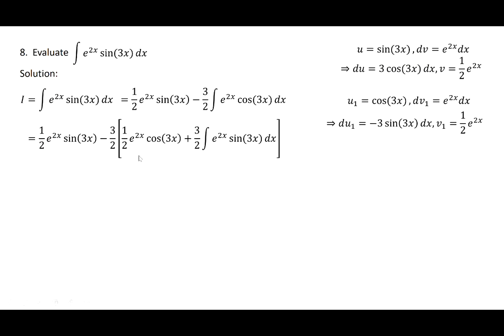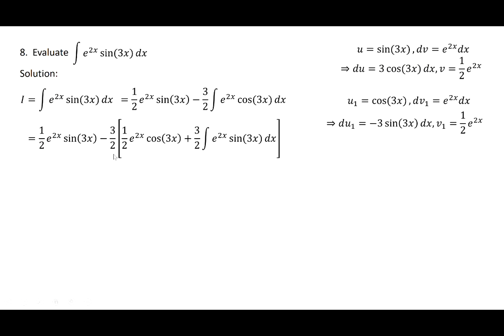And now we notice that this integral e to the 2x sine of 3x dx is I. So we can just write this whole thing as 3/2 I. You see what I mean? So you write this part as 3/2 I. And also make sure, please pay attention to this. I have noticed that many students miss out on distribution here.